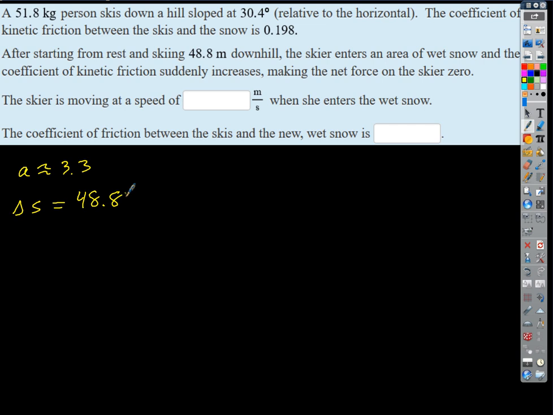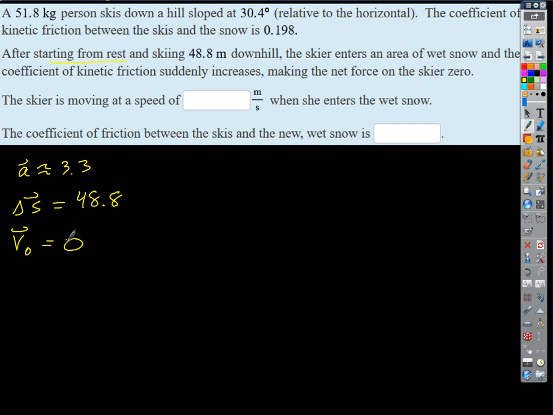What else? We know theta, but we don't really need that anymore. Right now we're just talking about one-dimensional kinematics. We already used our theta to find A, right? What about initial velocity? Okay, good. So v naught is 0, and what are we trying to find? Final velocity for part 1, right?